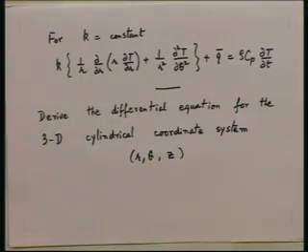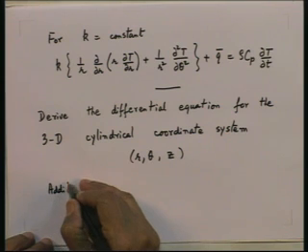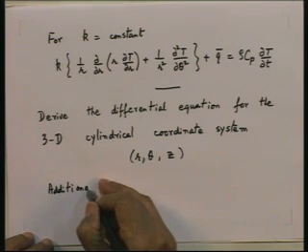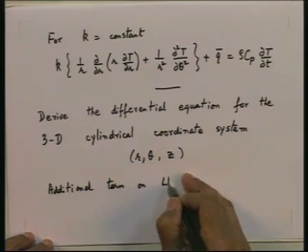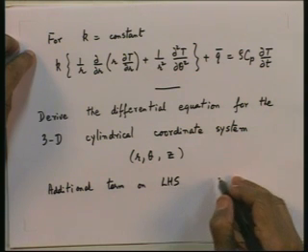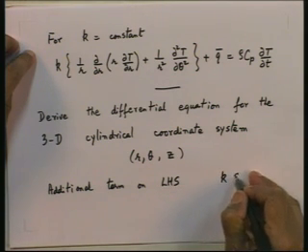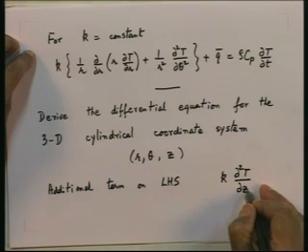All that is going to happen, if you go through it yourself, is you are simply going to get one more additional term on the left hand side. And what is going to be that additional term? The additional term on the left hand side of the equation that we have here will be k d2t dz squared.